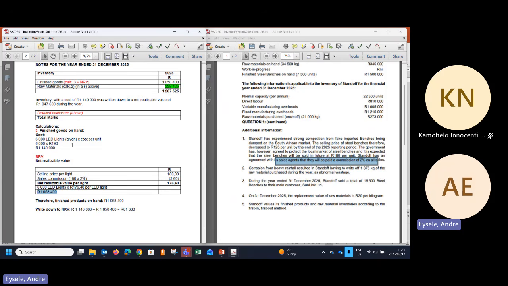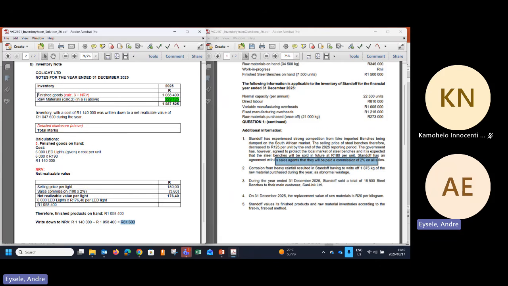So you can clearly see that the cost is higher than the NRV value. So we need to write it down to NRV, and that write-down goes to your profit and loss. So you would debit cost of sales and credit inventory, and that is 81,600. Then the value that you will disclose in your finished goods inventory is 1058,400.